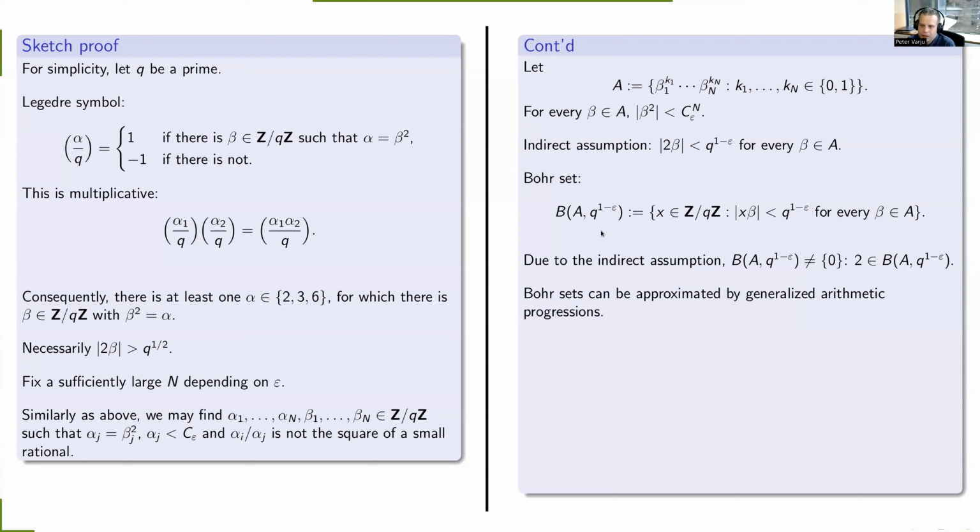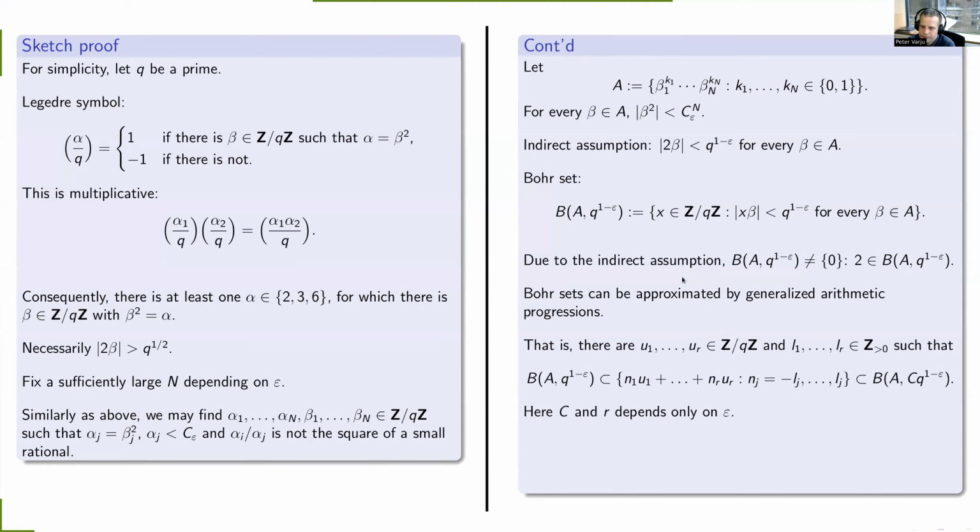And an important result in additive combinatorics is that Bohr sets can be closely approximated by generalized arithmetic progressions. So here is the result.